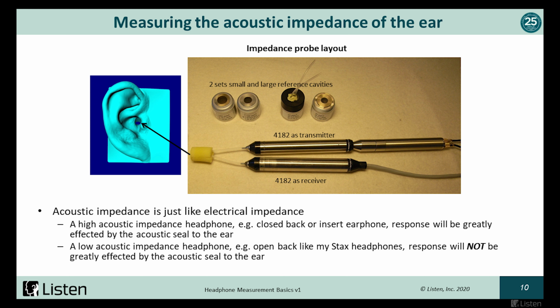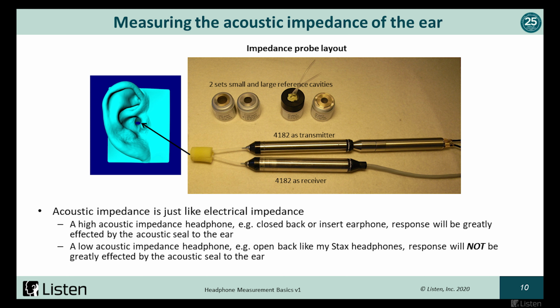And this is also the case with headphones. So what I call a high acoustic impedance headphone, such as your typical closed back, like Sony or Bose headphones, or insert earphones that go in the ear canal for a blocked ear, their response will be greatly affected by the acoustic seal to the ear.